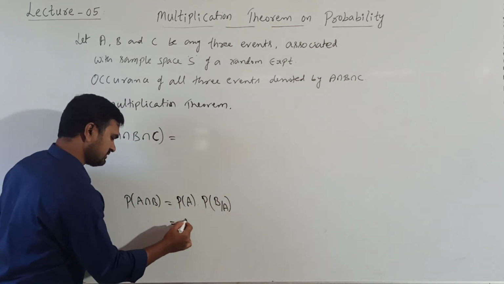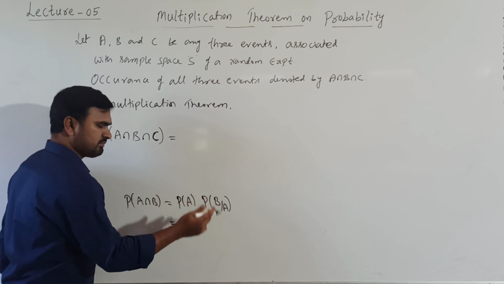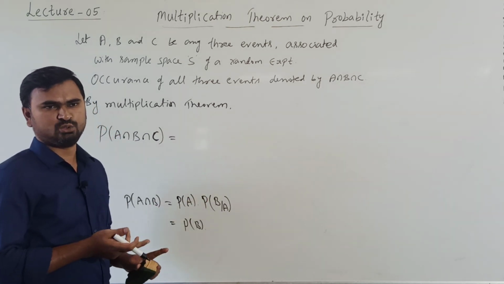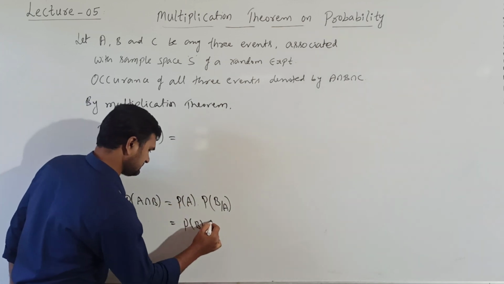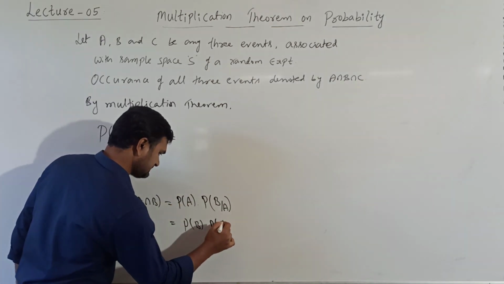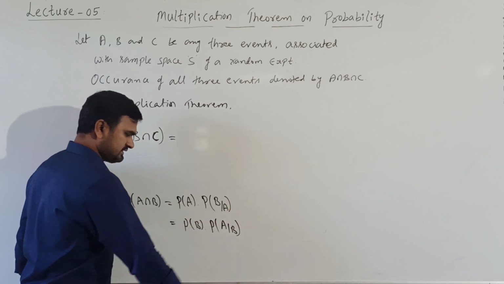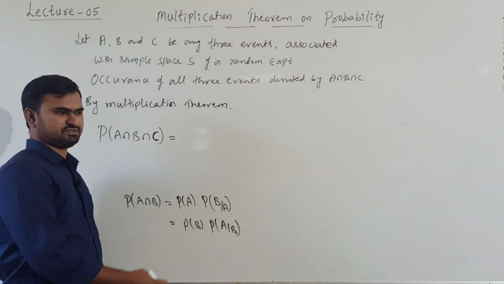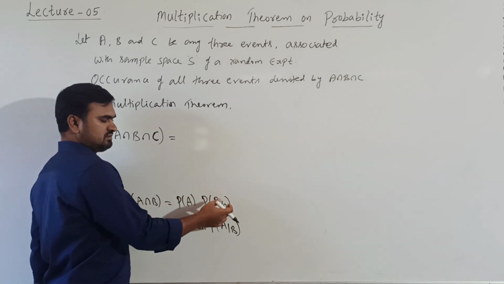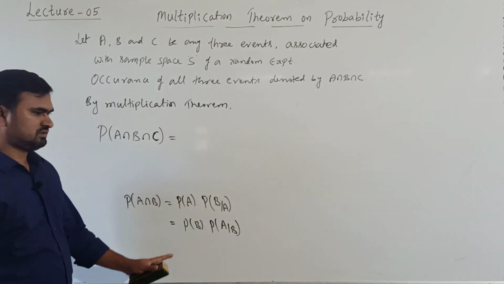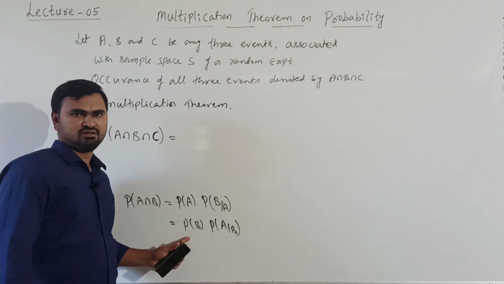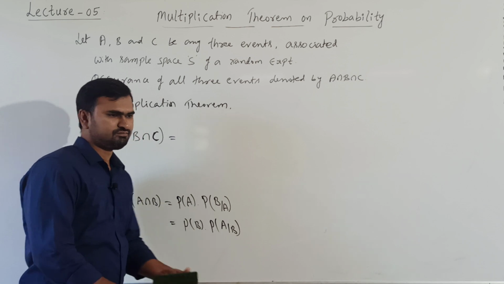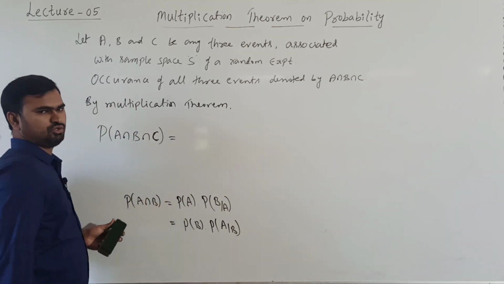Or we can write it as probability of occurrence of B first, then occurrence of A, knowing that B has already occurred. Both are the same. So first we find P of A, then find B knowing that A has happened, or first find probability of B, then find probability of A knowing that B has already occurred. So this is for two events.